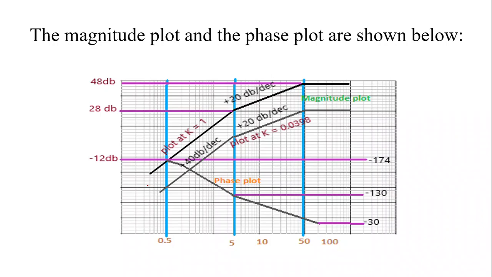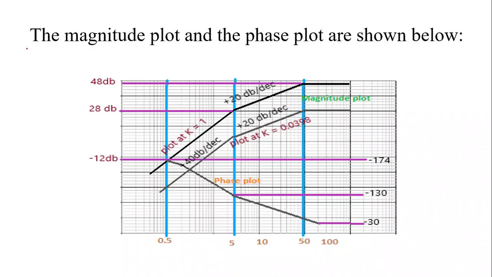After that we have to plot all these magnitude values and the phase angle on the same graph. These are our frequencies: omega equal to 0.5, then omega equal to 5, omega equal to 10, omega equal to 50, and omega equal to 100.